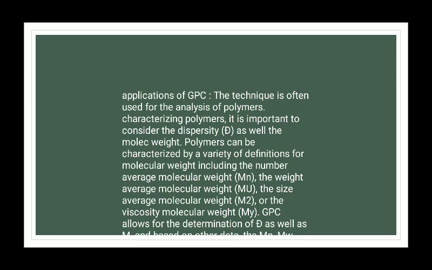Polymers can be characterized by a variety of definitions for molecular weight, including the number average molecular weight, the weight average molecular weight, the size average molecular weight, or the viscosity molecular weight. Gel permeation chromatography is used for determination of dispersity as well as molecular weight.